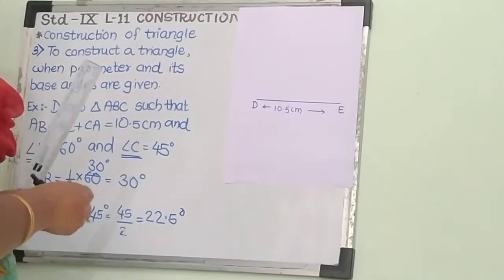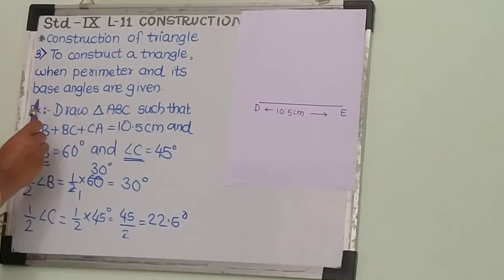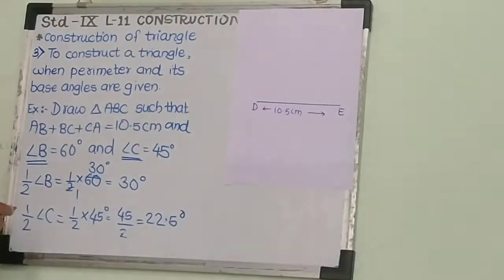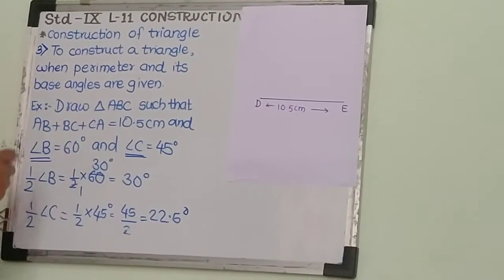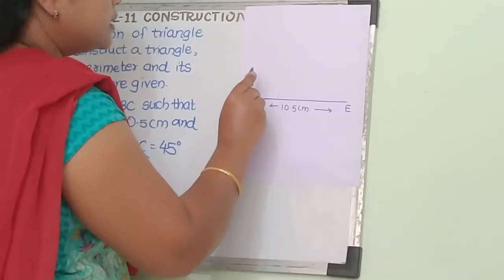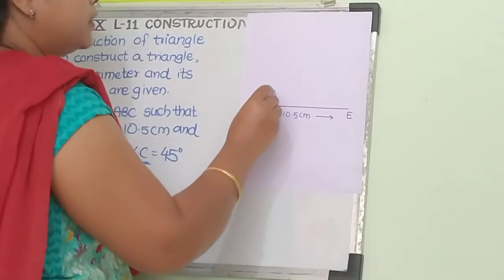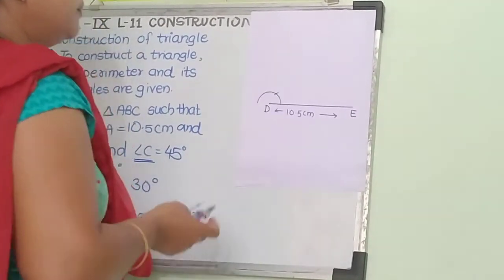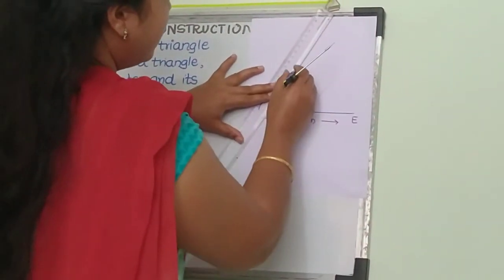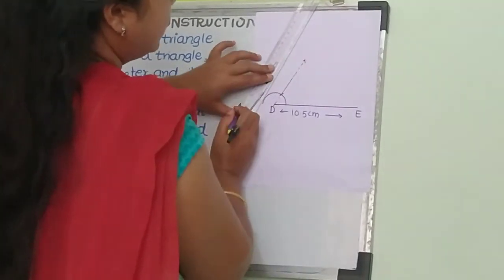First we draw angle D equal to 30 degree. For 30 degree, first we draw 60 degree. So first I make the semicircle. The first arc is of 60 degree, correct. But 60 degree we don't require. We require 30 degree, so I will mark it dotted.